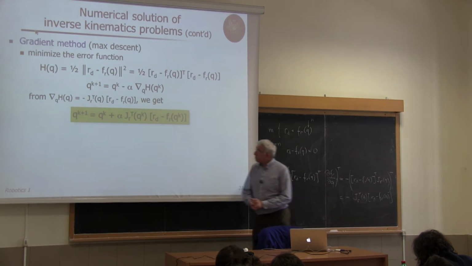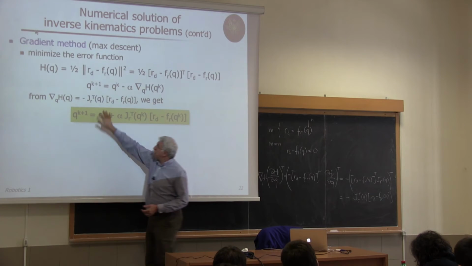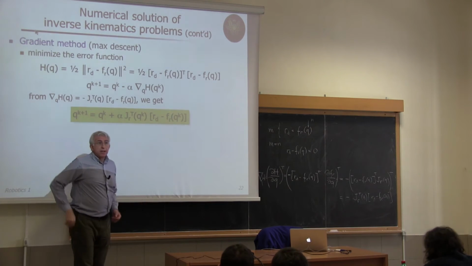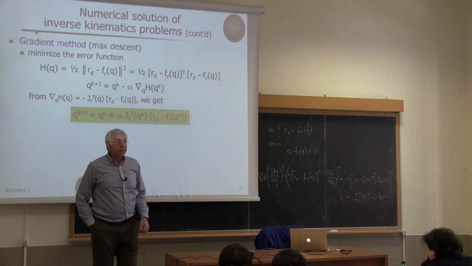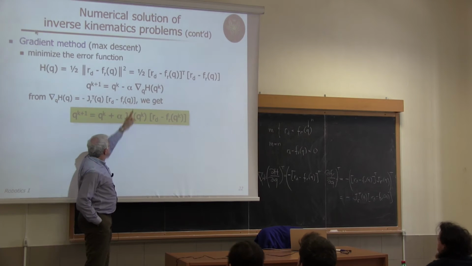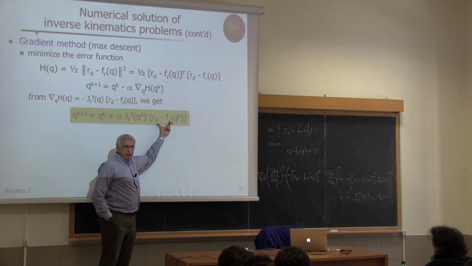So we have just computed this expression, and now we replace this expression into the general form of the gradient method for minimizing a function. So this minus sign cancels this minus sign, and this is the final iteration that you have to set up. It's very similar to the previous one. You see, you have the current estimate qk, you have an error at the current qk.